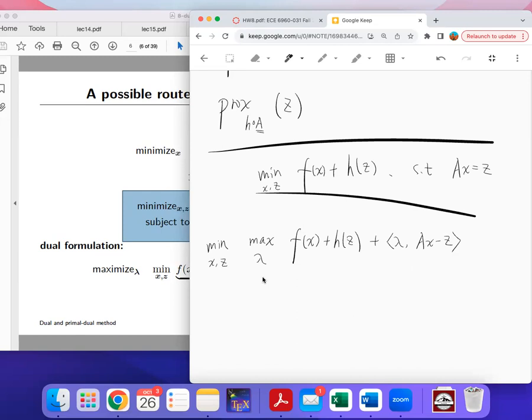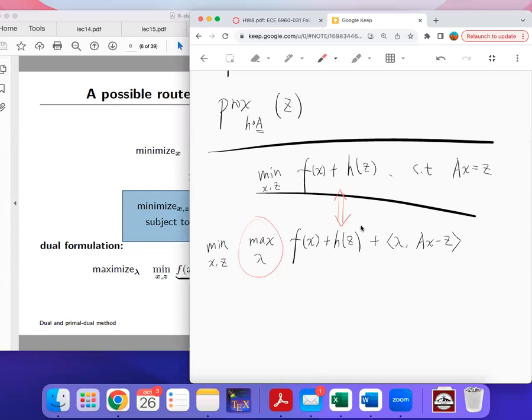Again, I introduce this multiplier lambda, but here, before I take the minimization over x and z, I first do a maximization over lambda. And I claim that these two are exactly equivalent. Why?